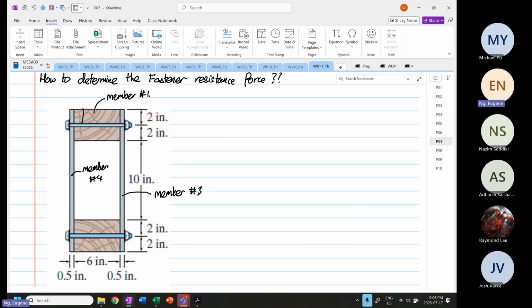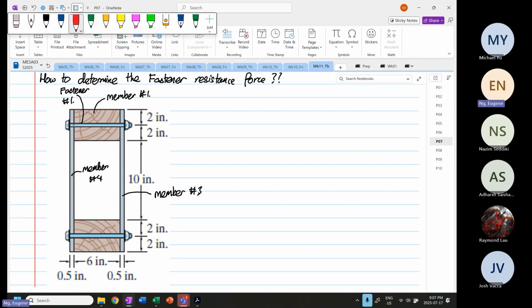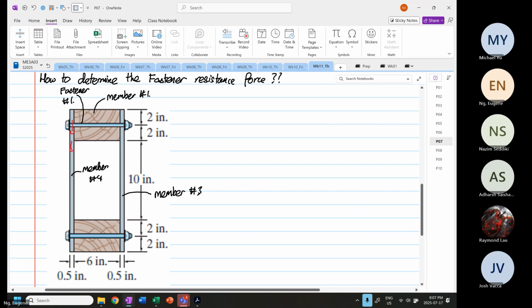And then this is our fastener. So we design the shear flow first. Again, the major web controls the shear flow, and then in the wood, the shear flow goes this way.